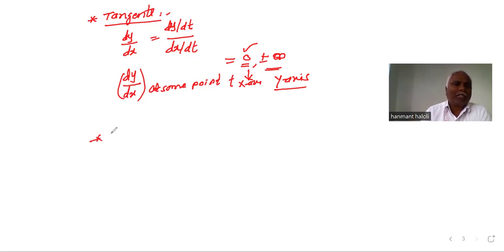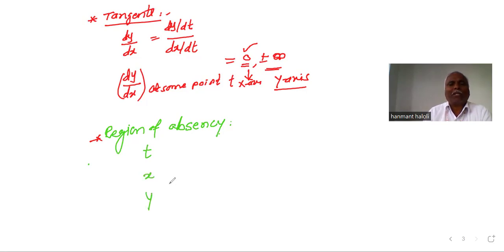Now, next point is how to find out region of existence. For this, we will use a table containing a t parameter, x variable and y variable. X is a function of t, y is a function of t.